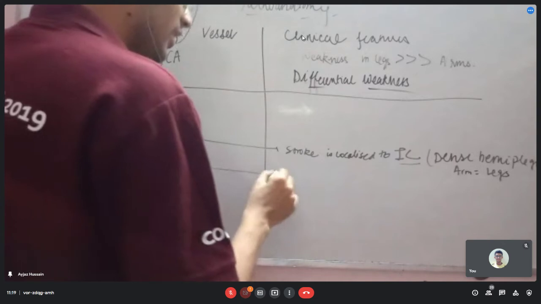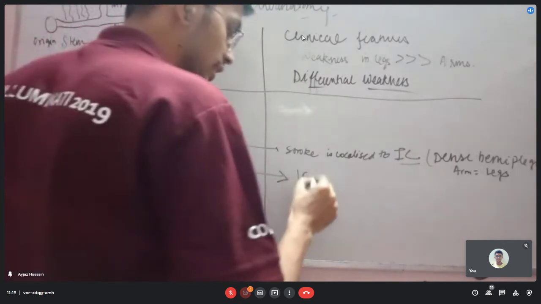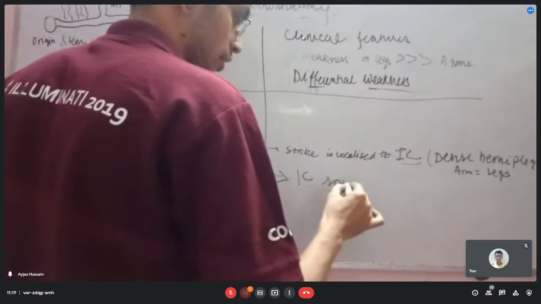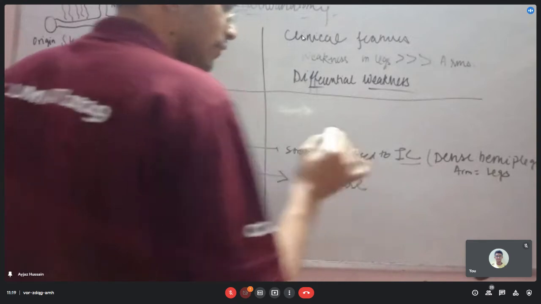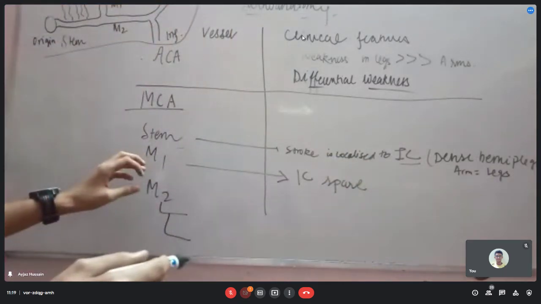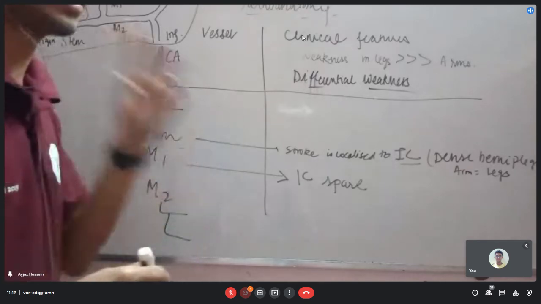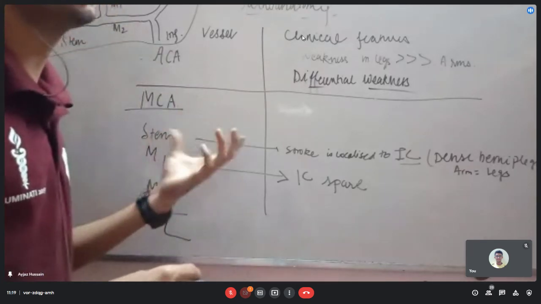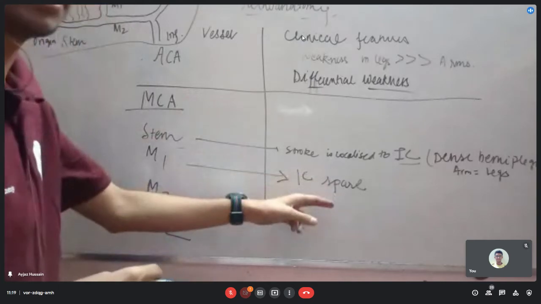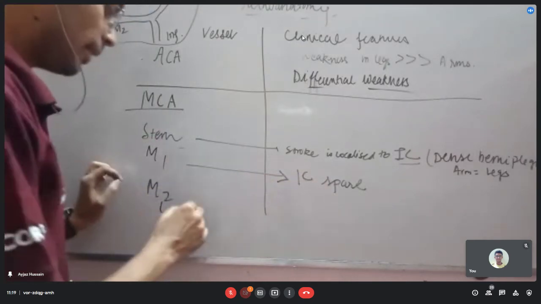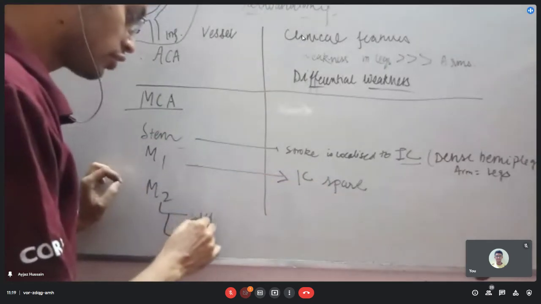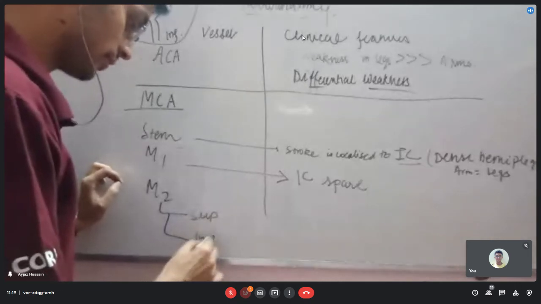Now M1 is a very silent one in which the internal capsule is spared. So if M1 is involved, it is very unlikely to have a massive stroke. Weakness may also not be present. That could be the presenting feature. Now in M2 there is involvement of either the superior division or the inferior division.